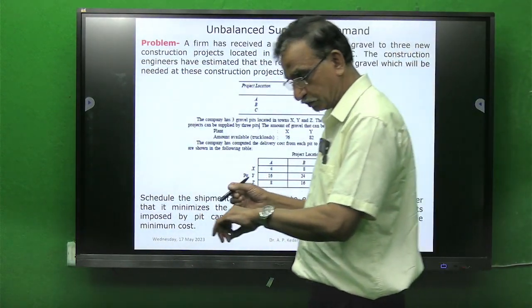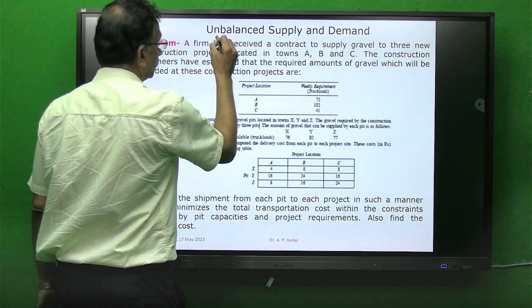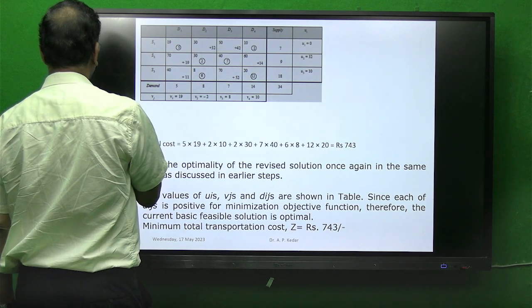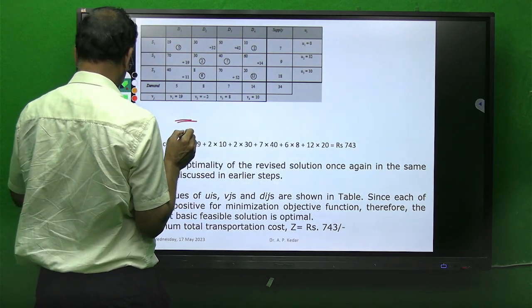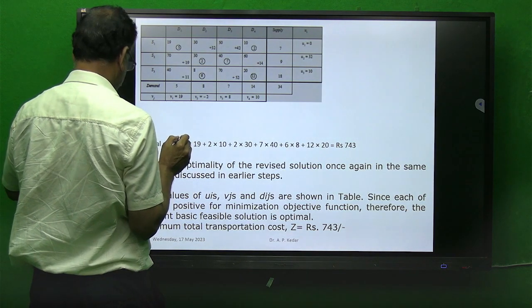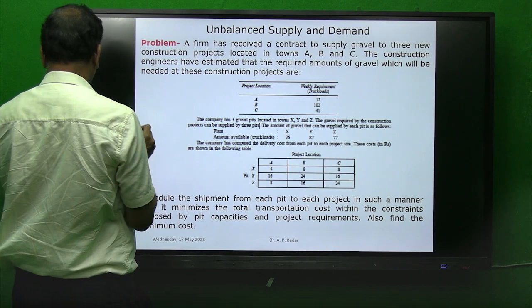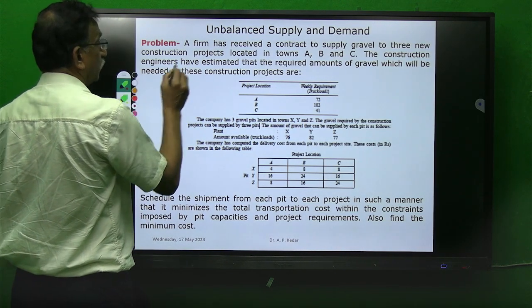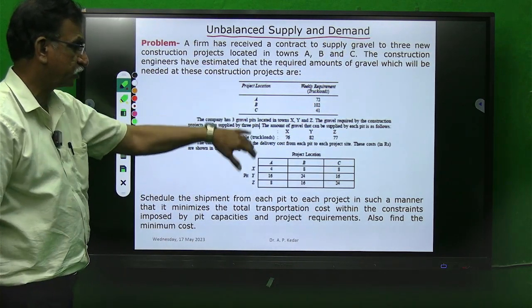Now this special case pertains to unbalanced supply and demand. So this is the matrix given.